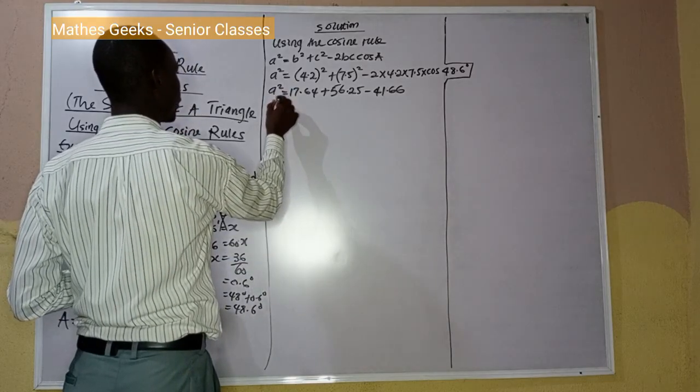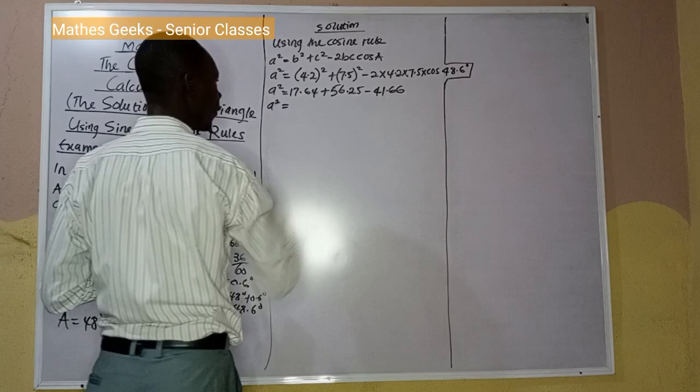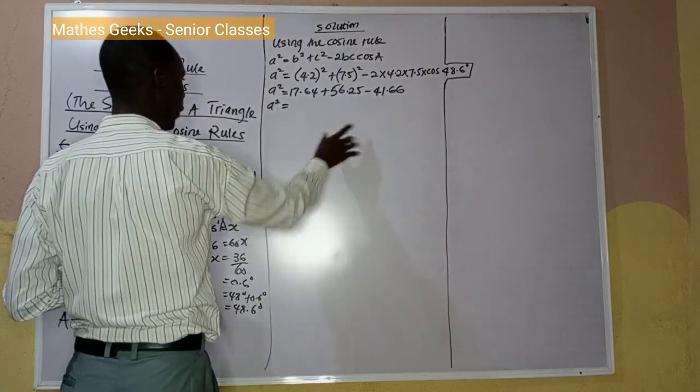Usually you should leave it in four figures until you go to your final answer before you approximate.